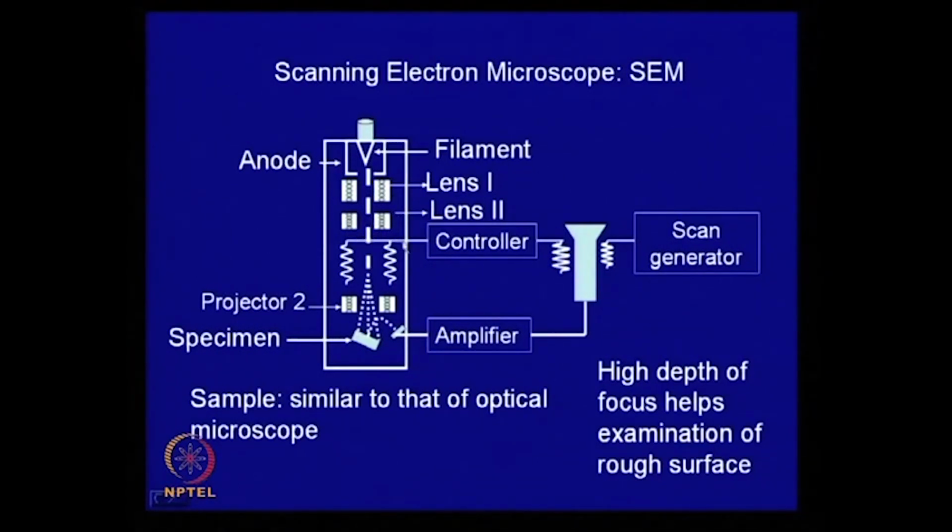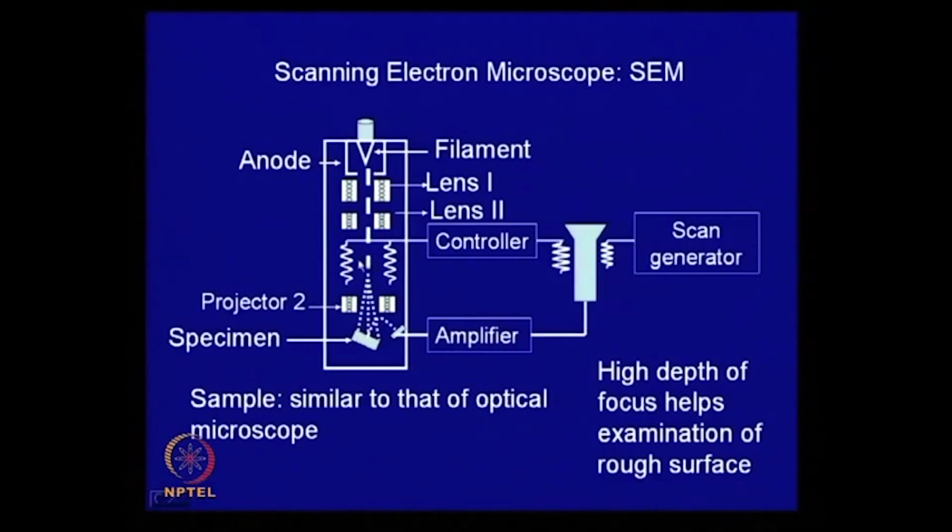Now, here in addition you have a magnetic coil, which can move this electron beam. Suppose this electron beam falls straight here at one point. Now, you apply some voltage here, in that case you can move it from here to here. Similarly, you apply another voltage, you will shift it from here to here.